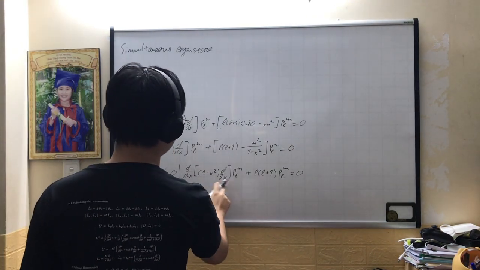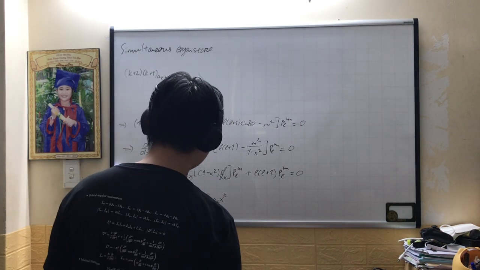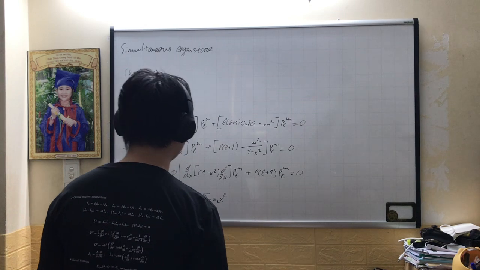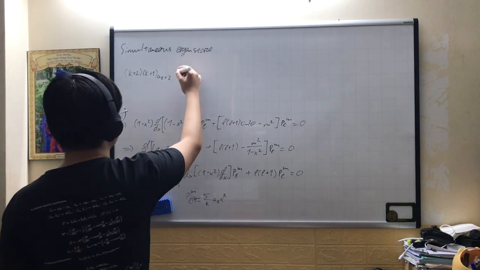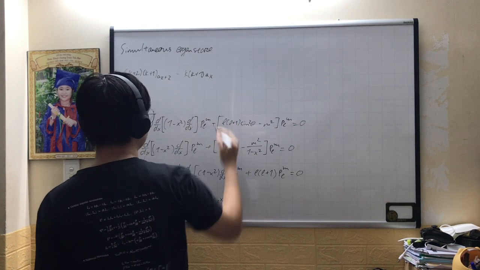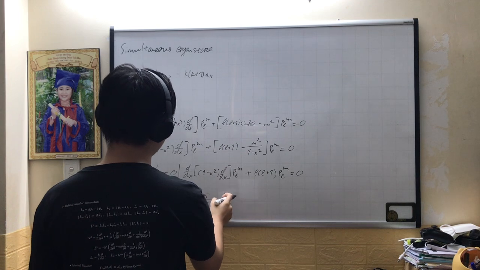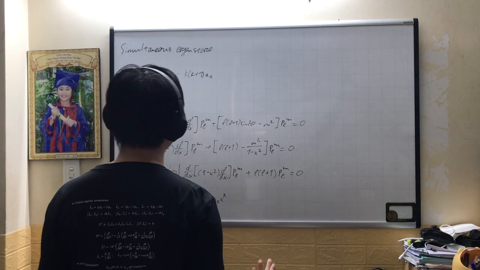Next, you squeeze the minus x squared. That will give you a k outside, so that is minus k(k+1) a_k, because the x squared cancels out the steps.